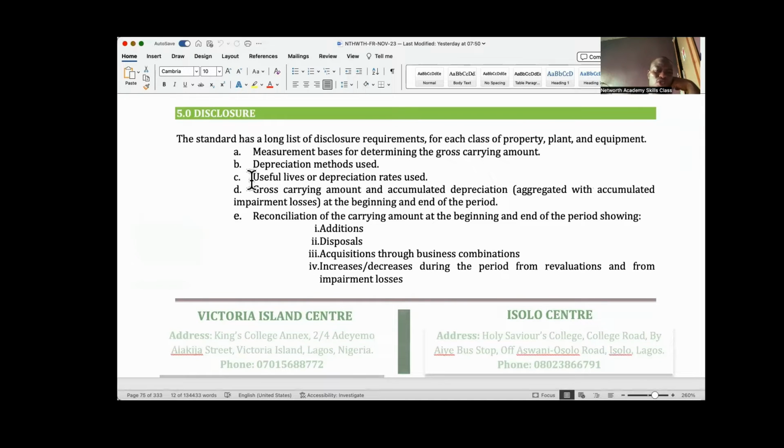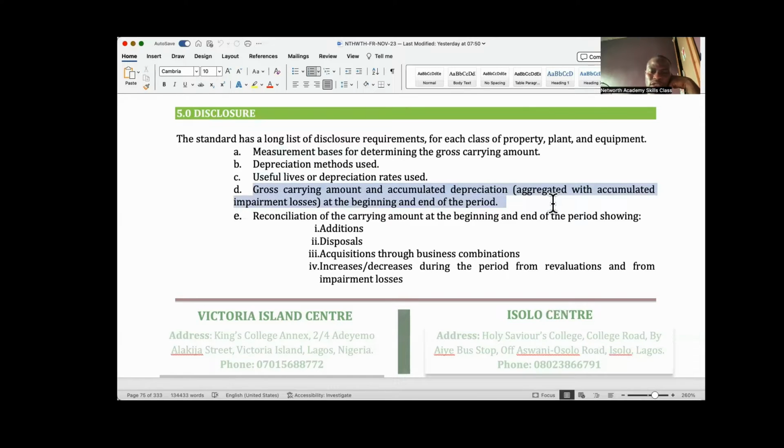And there are some disclosures that you must show in the notes. One is the measurement basis, which could either be cost model or revaluation model, the depreciation method, the useful life, the gross carrying amount and the accumulated depreciation at the beginning and at the end.